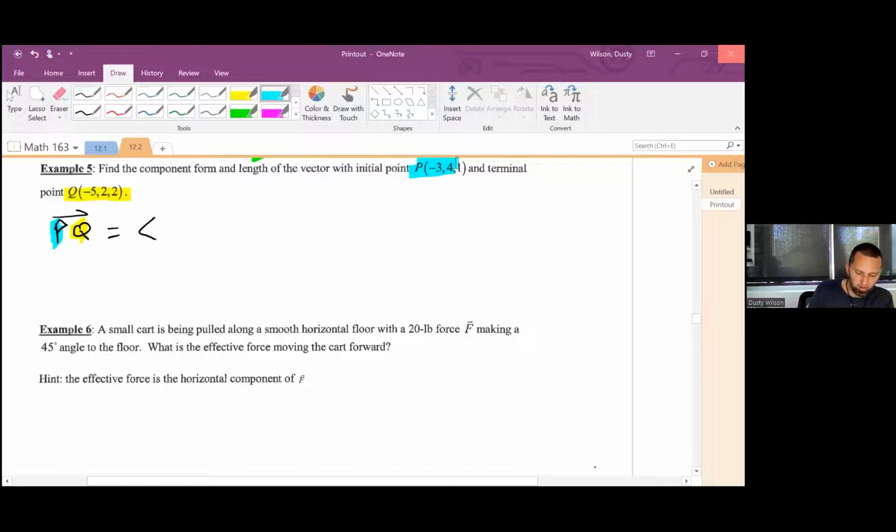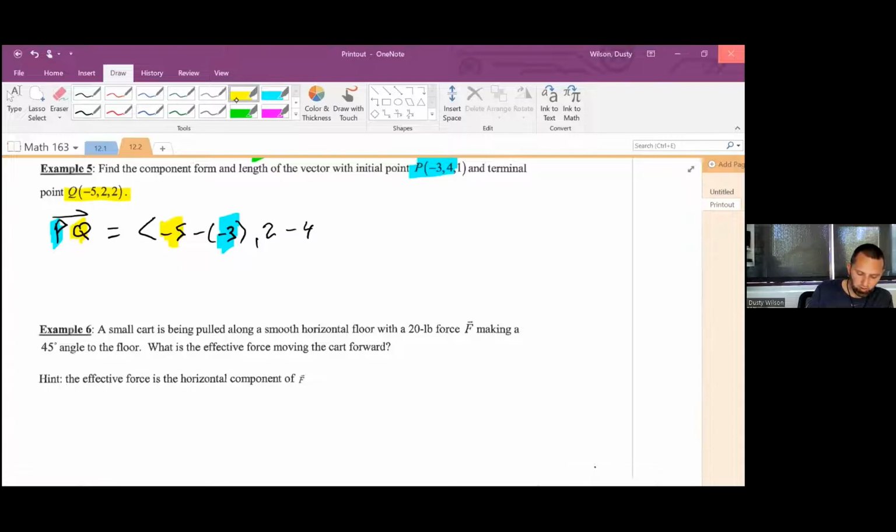So let me write it out and then I'll color what I'm doing. So I take Q minus P at each point. So Q, -5 minus P, which is -3. So this is yellow minus blue, comma. Then for the Y's, start with the Q, the end point of 2, and subtract out the P Y value, which is 4.